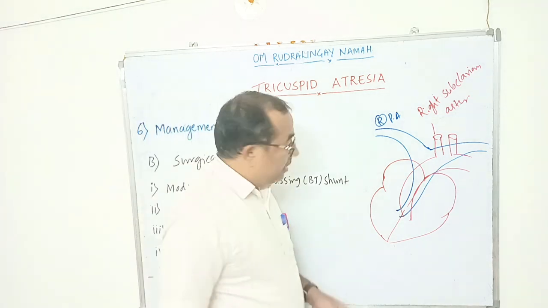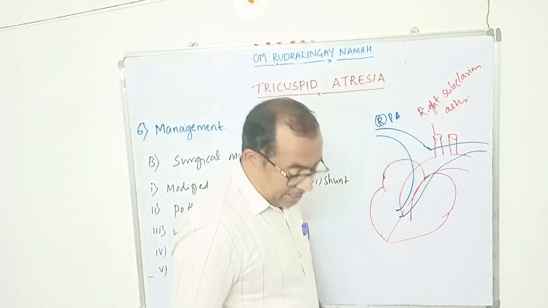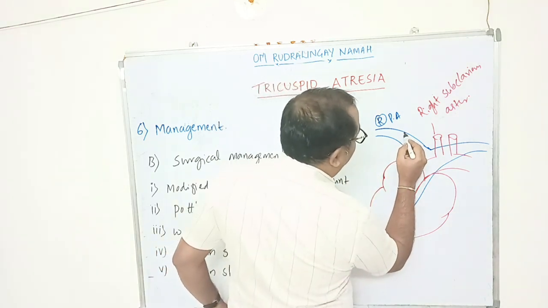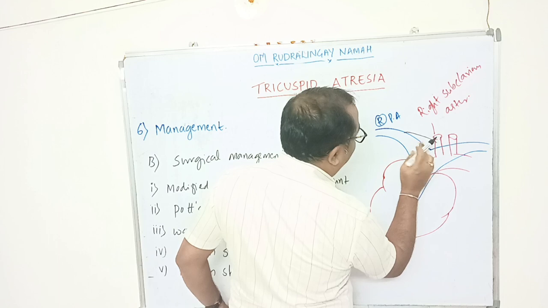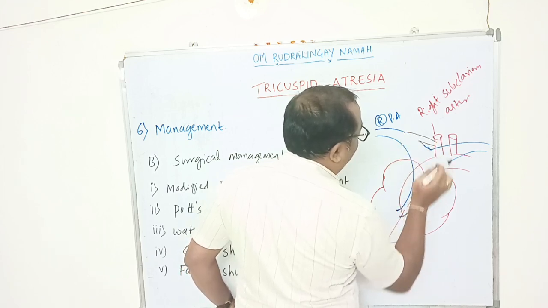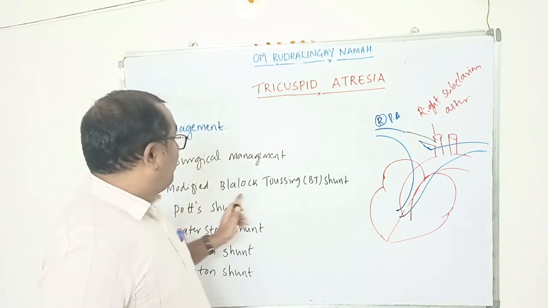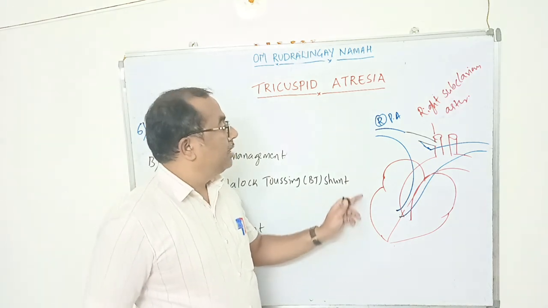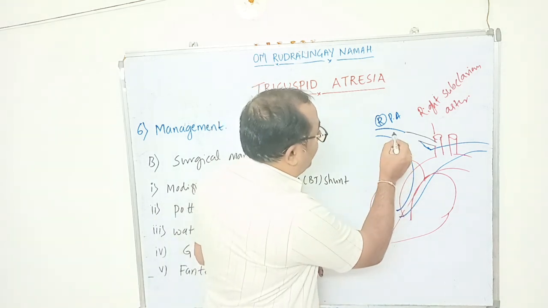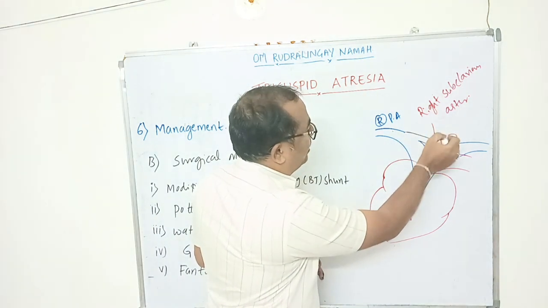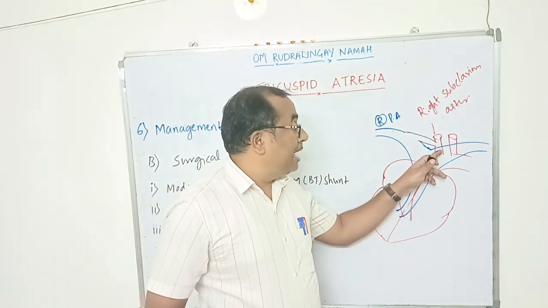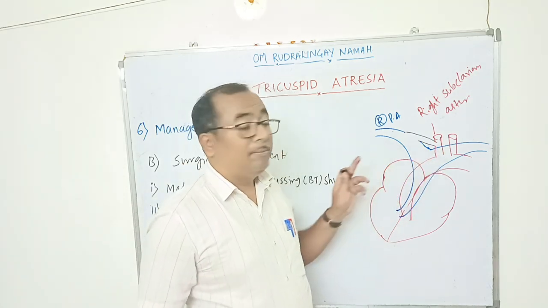So here an artificial pathway is created, surgically, between the right pulmonary artery and right subclavian artery. Because of this, what happens is there is a shunting of blood from high pressure in the right subclavian artery to the right pulmonary artery.